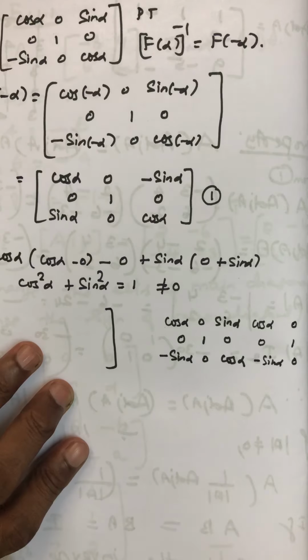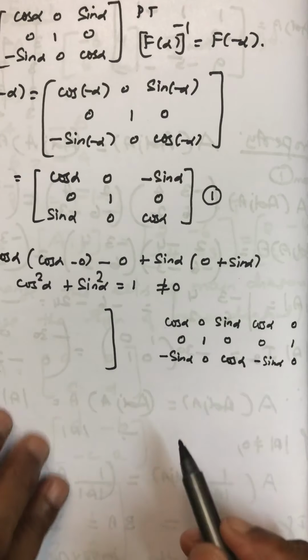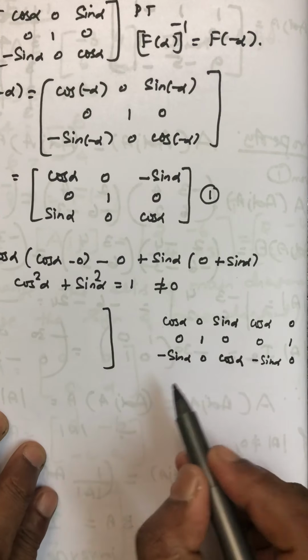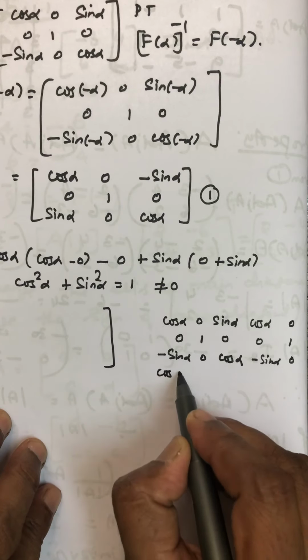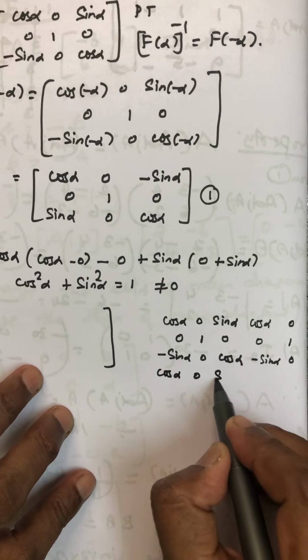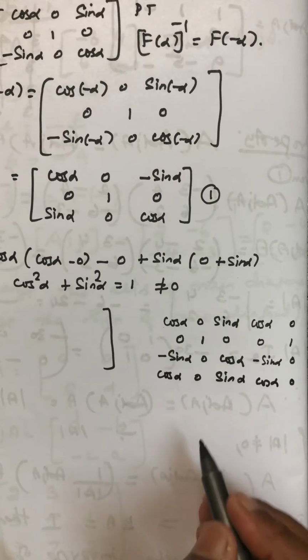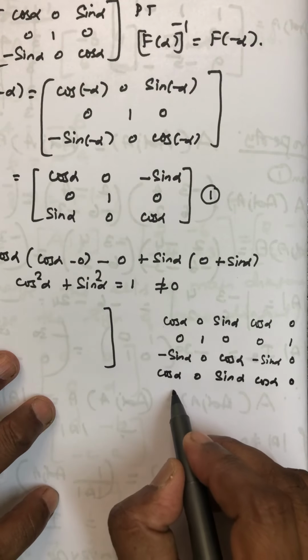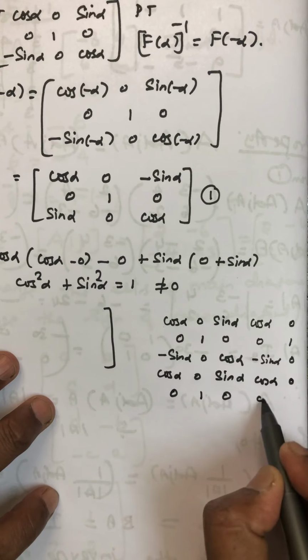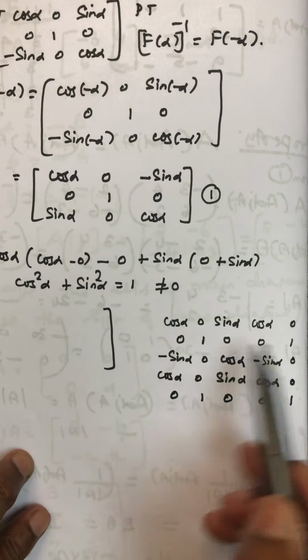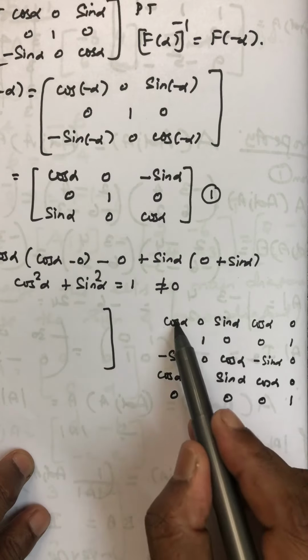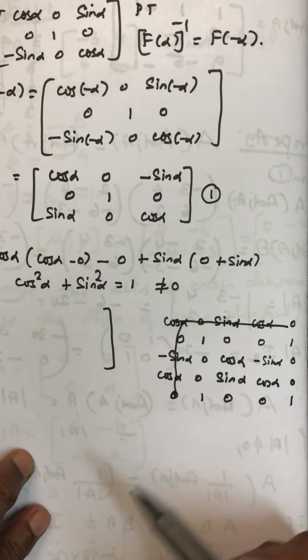Now once again repeat the first two rows. So I have cos alpha 0, sin alpha, cos alpha 0. Second row, what do you have? 0, 1, 0, 0, 1. So totally we have 5 rows and 5 columns. Now delete the first row, delete the first column.